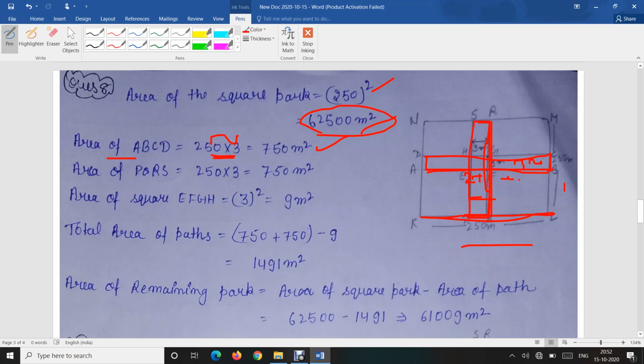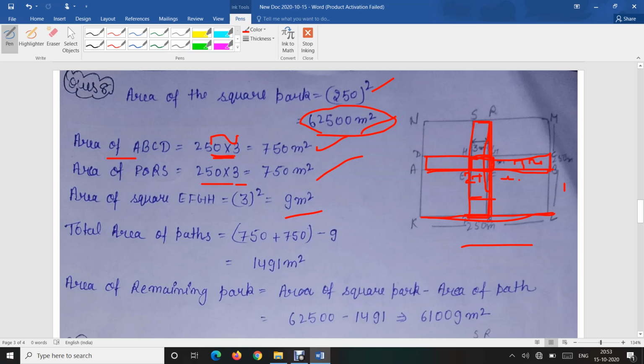So the area of PQRS is equal to 250 multiplied by 3, which gives 750 meter square again. Now you have to find out the area of this small square, which is EFGH. The area of the square EFGH is side multiplied by side, and the side is 3 here. So you put 3 multiplied by 3, which gives 9 meter square.